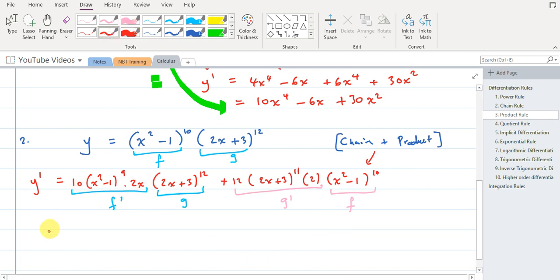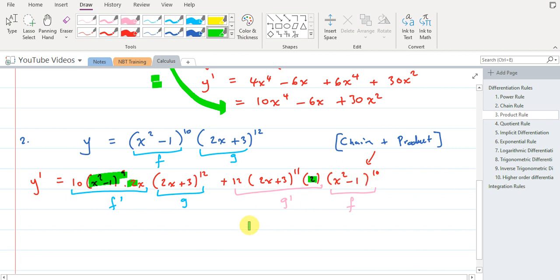Now we can simplify this. How do we simplify something like this? So to simplify, look at all the numbers first and let's try to take out the highest common factor. So we've got the 2. The 2 and the 2 can be factorized from both these terms. Then we can see x squared minus 1 to the power 9 can go into both these terms.